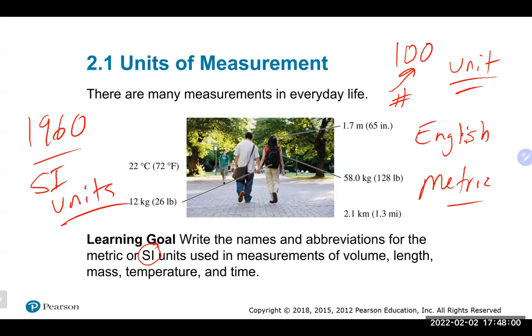And for the most part, it is based off of the metric system. In chemistry, and in your book, and even in your lab book, you'll oftentimes be asked something like, what is the SI unit for mass? Or what is the SI unit for volume? These are standardized units that, at least in science, everybody can use. Everybody's on the same page in terms of what these numbers represent. So you'll see that a lot, SI units, really based off of that metric system.